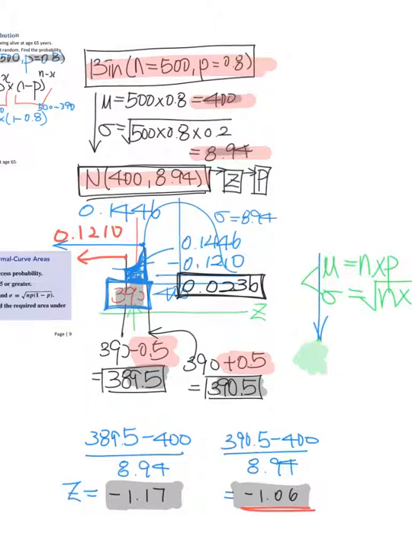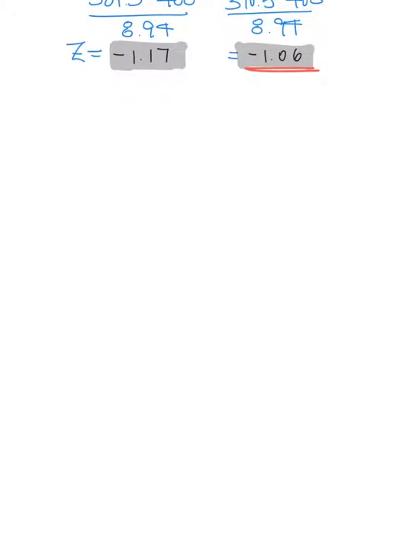The binomial distribution and the Poisson distribution were discrete, countable random variables: 0, 1, 2, up to 390.